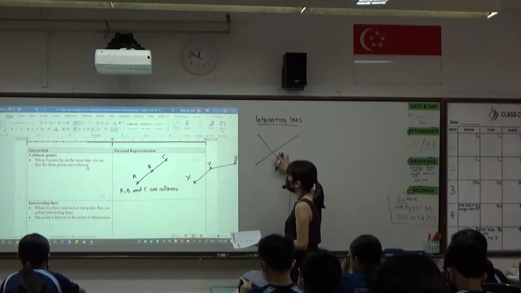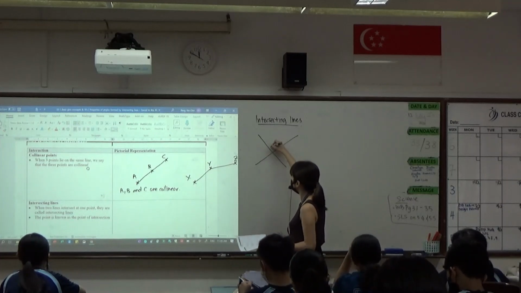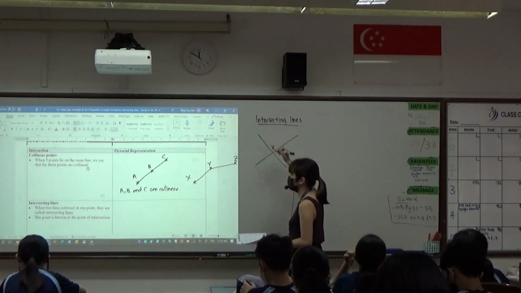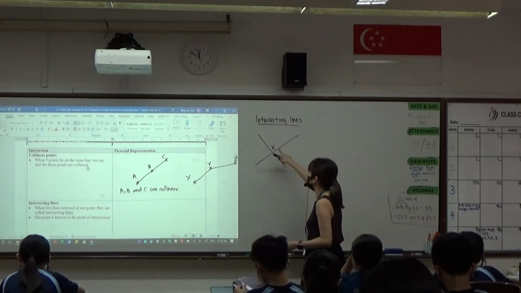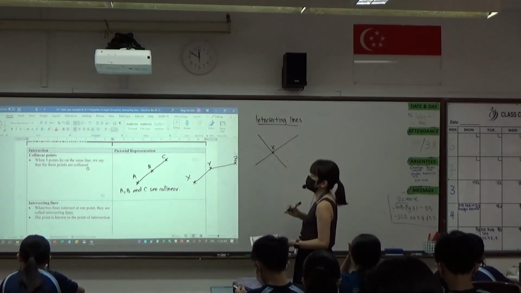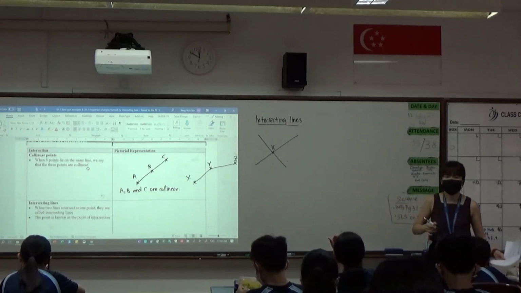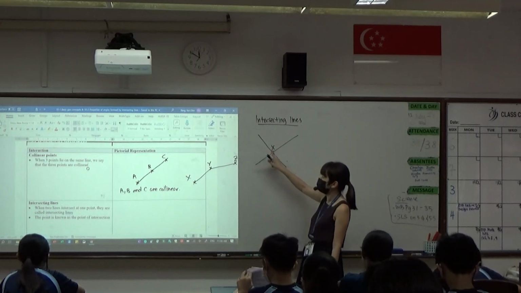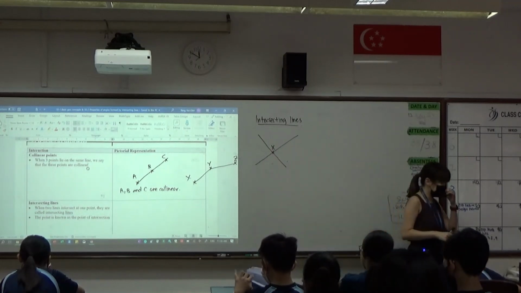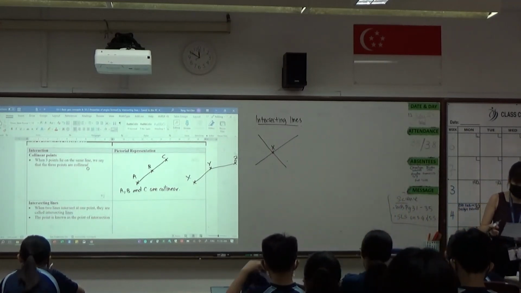As long as they intersect and meet, there's this one point over here. Let's call it X. These 2 lines are what we call intersecting lines, and this point here is called the point of intersection. For a point, we always mark it with an X. I just so happen to label this point with the name X also.